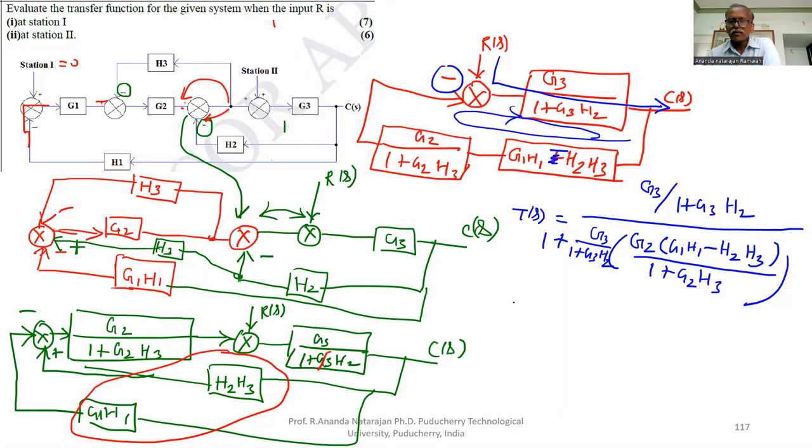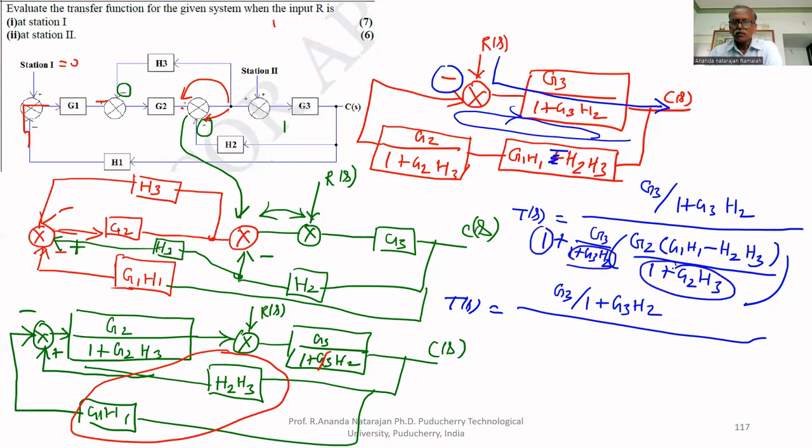So if you take LCM, what you will get is transfer function T of S equal to G3 divided by 1 plus G3H2, whole divided by, in place of 1, this and this will couple.